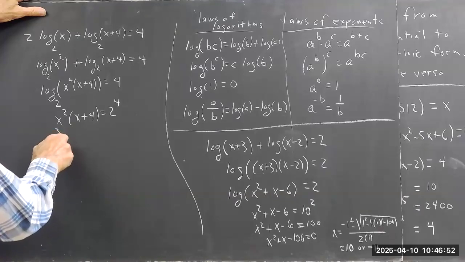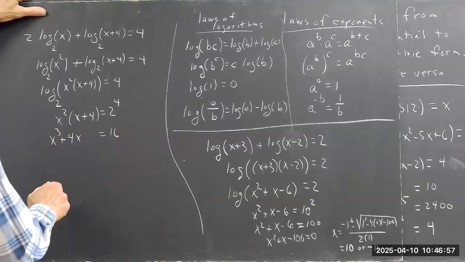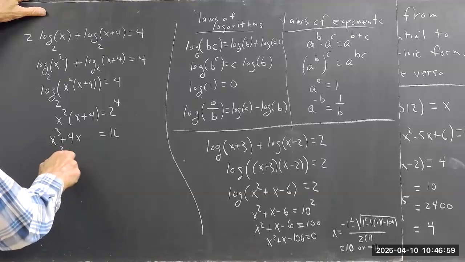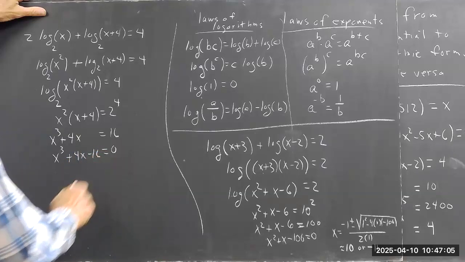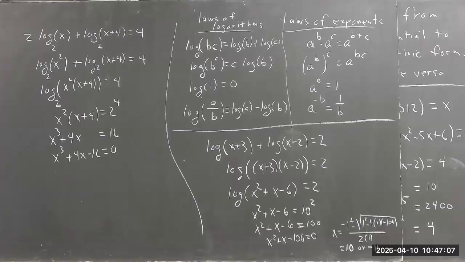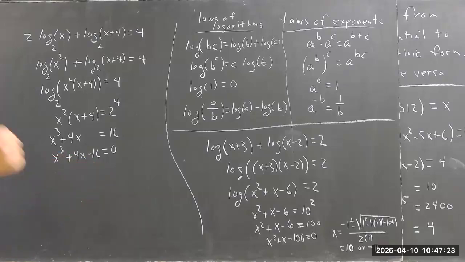So we have x cubed plus 4x equals 16, which easily rearranges to x cubed plus 4x minus 16 equals 0. But at this point, we're kind of stuck because we don't know how to solve a cubic equation necessarily.